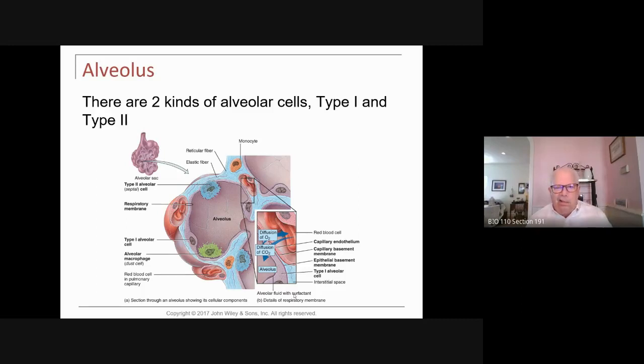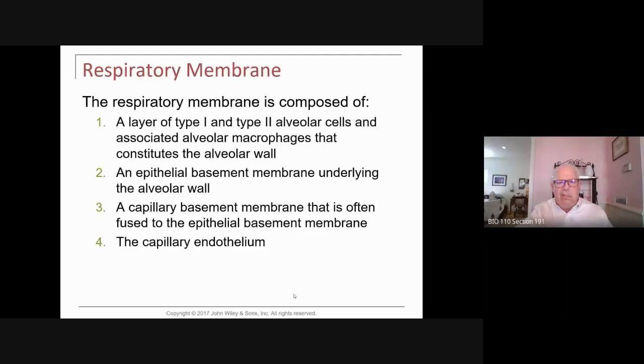And the lungs become useless. They can no longer expand. They can no longer collapse. And this is a major problem in diseases caused by smoking and pollution. And you're going to have a lecture on pollution effects on the lung.